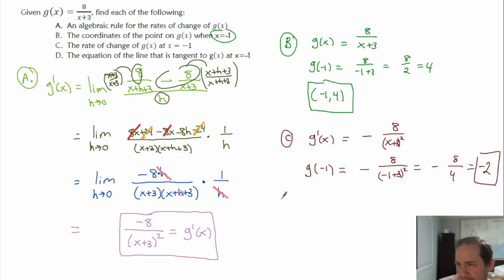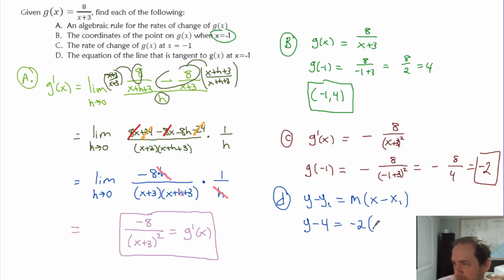And so now finally in part D, to actually find our equation, we'll use our point slope form. The y minus y1 equals m times x minus x1, which means it's y minus our y value, which is 4. It equals our slope, which is negative 2, times x minus our x coordinate, which is negative 1.